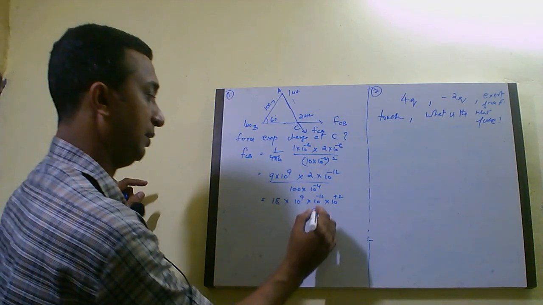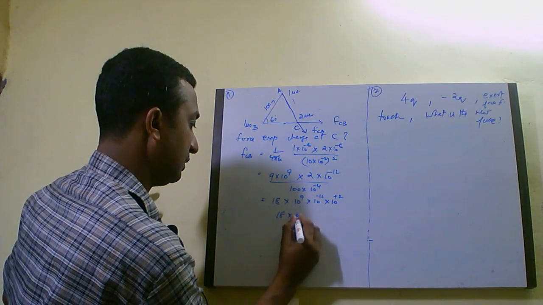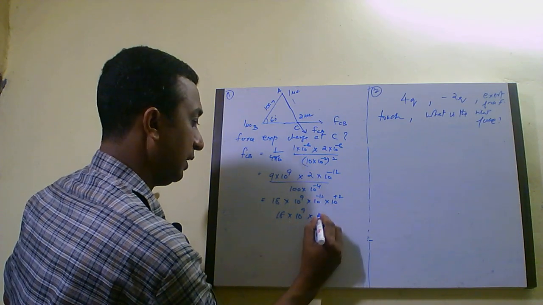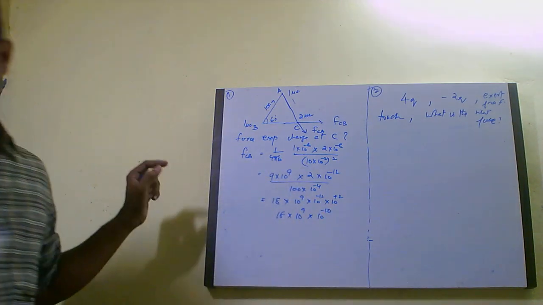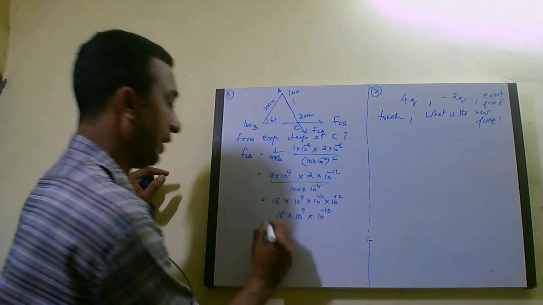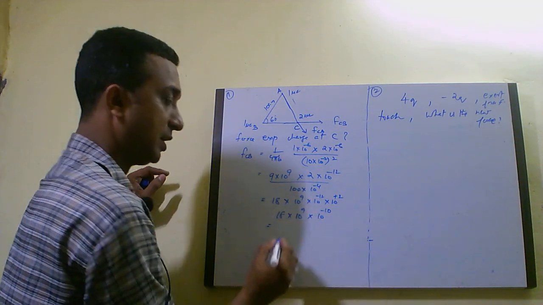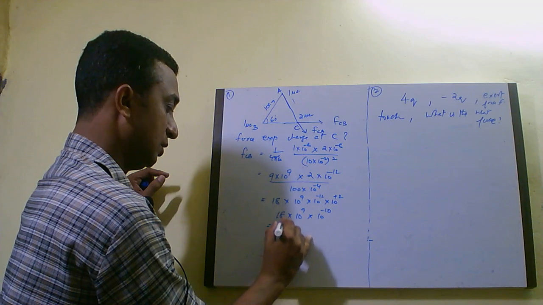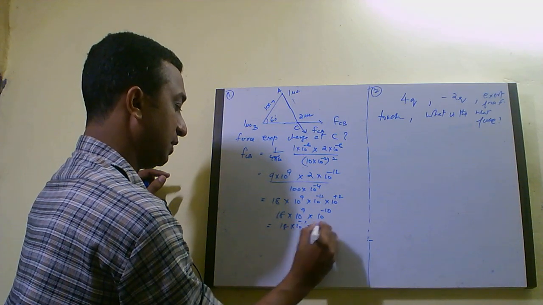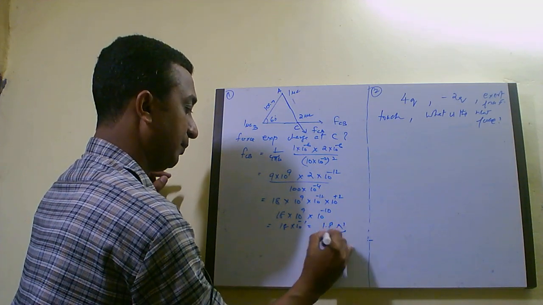So it will be 18 times 10 raised to 9 times 10 raised to minus 10. So you will have 9 and minus 10, which is minus 1. So 18 times 10 raised to minus 1 becomes 1.8 Newton.